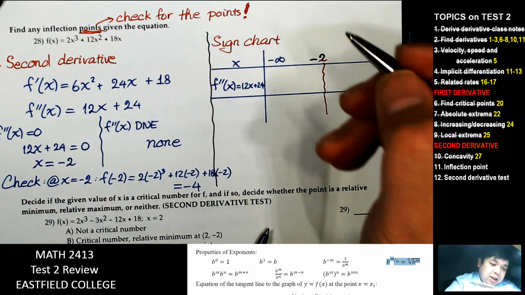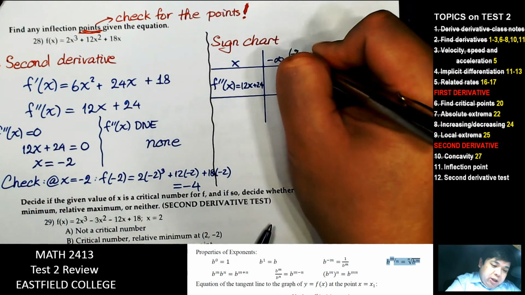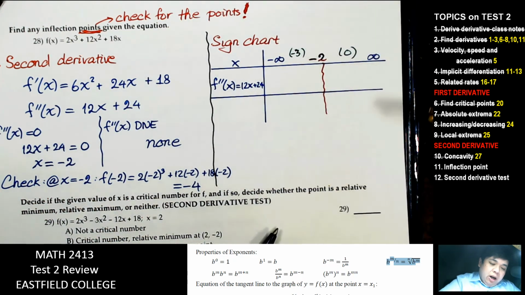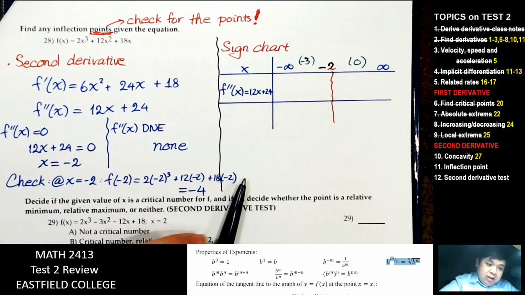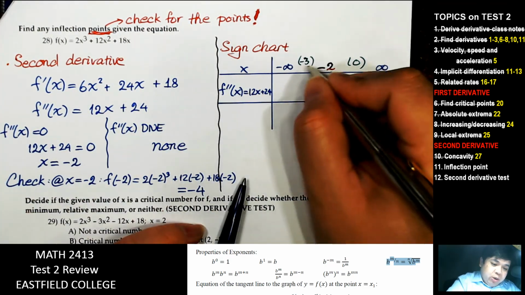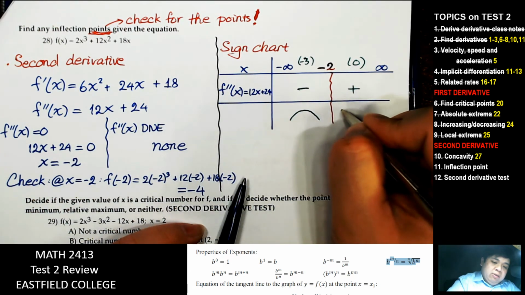At this point I could choose negative 3 and 0 here. Put in 0 here, obviously it's going to be 24, which is positive, and put in negative 3, it's going to be negative. So we have concave down and concave up.